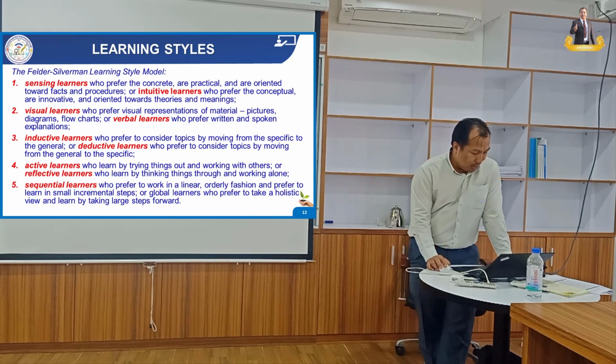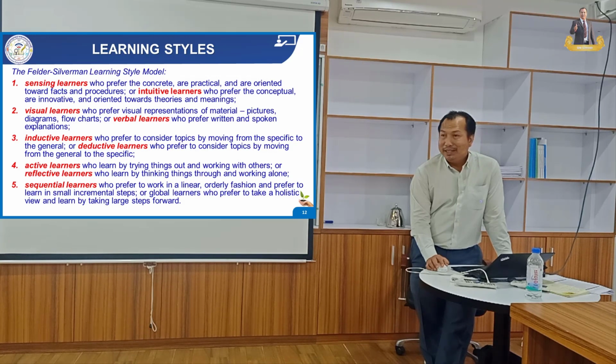Okay, and the fourth continuum of learner style: the active learner, learning by trying things out and working with others, and the reflective learner, who learns by thinking through and working alone. So these are different.